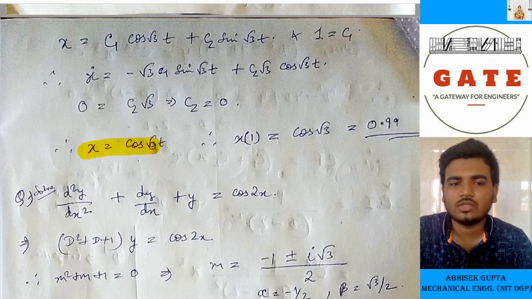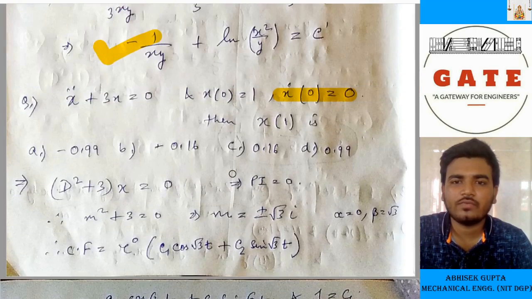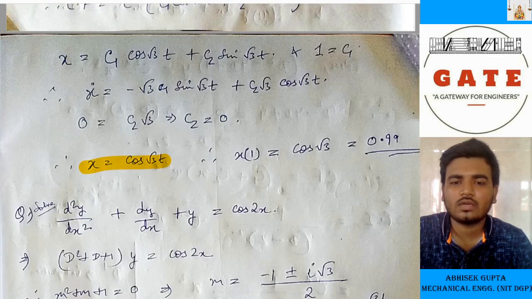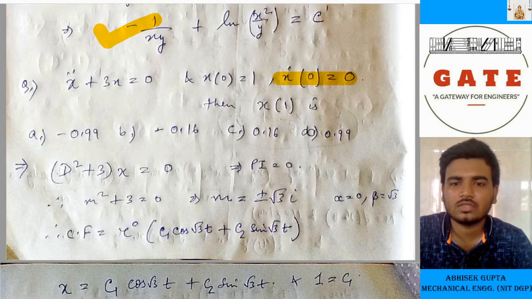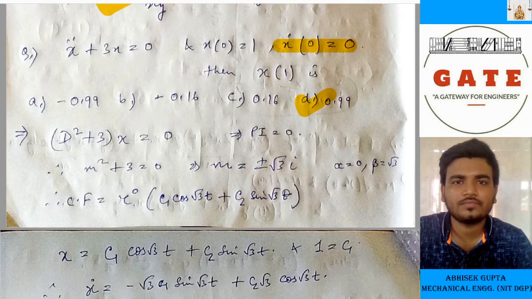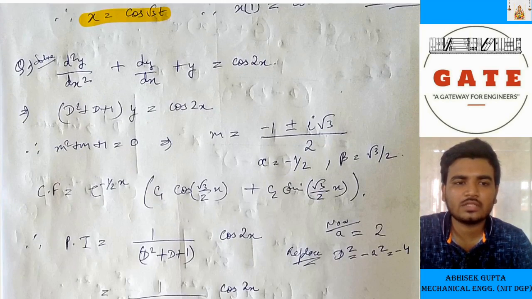So our solution is x equal to cos root 3t, but we have to find x of 1. So put t equal to 1, we get cos root 3, which is 0.99. So this is the correct answer. Next question.